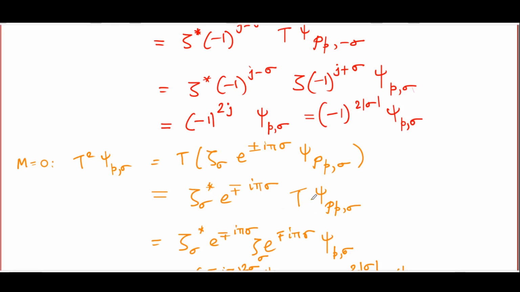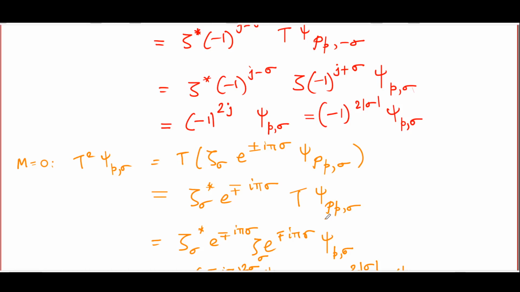But now this T is getting to act on a state for which the four-momentum is curly p p, that is, the parity matrix has acted on the four-momentum. This of course has changed the sign of each and every one of the spatial components, and in particular it has changed the sign of p y.